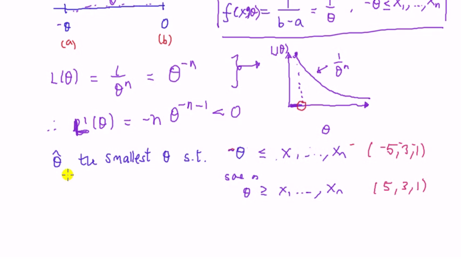Okay, so what is the smallest theta that we can get away with, such that theta has to be bigger than all these values?